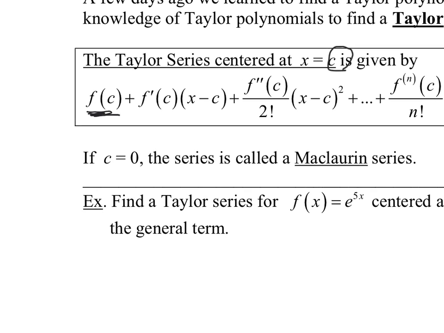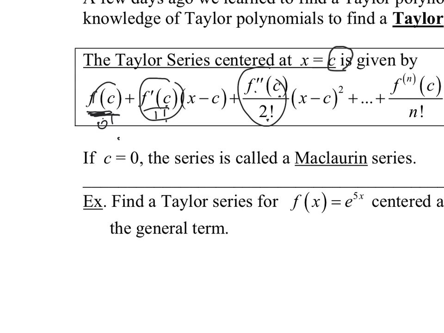Whatever f of c is is your first term. Then we do the first derivative at c divided by 1 factorial. This was divided by 0 factorial, and we know that was still 1. Then we have the second derivative evaluated at c over 2 factorial. These are all your constants in front of each term as you build.